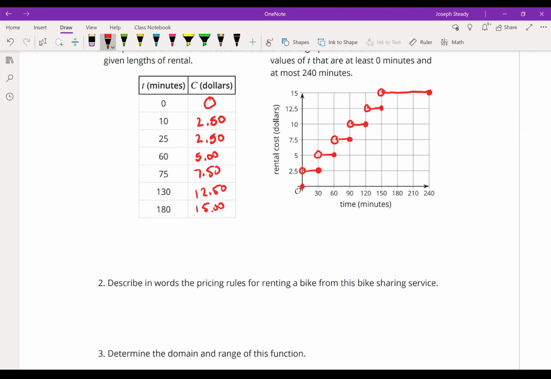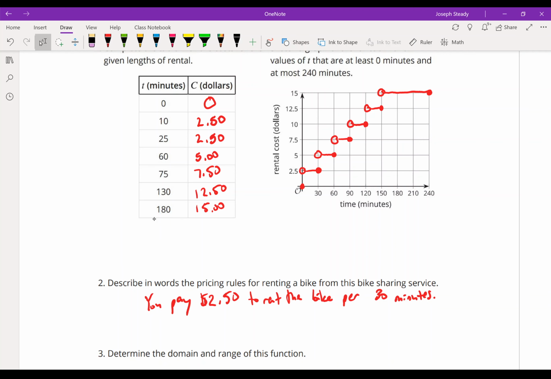So I'm going to say you pay $2.50 to rent the bike per 30 minutes. Now that doesn't describe this perfectly, but it is kind of summarizing what's going on here.